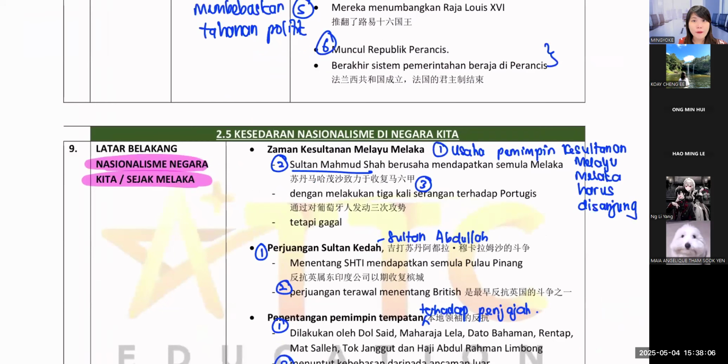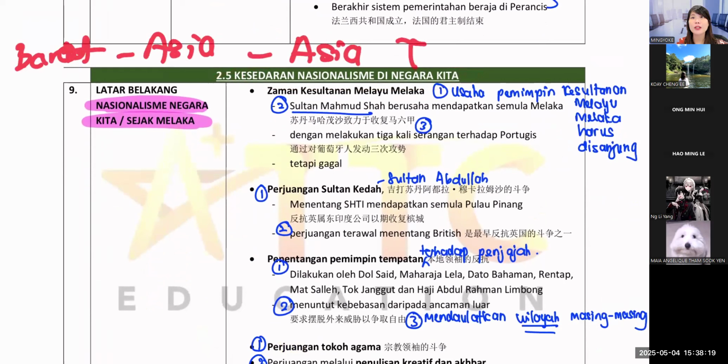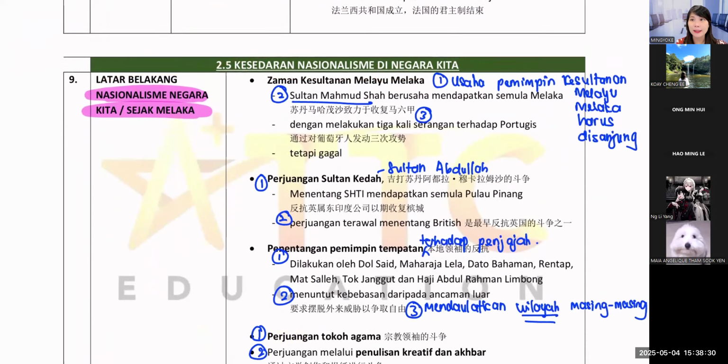But then we go to 2.5, which is talking about finally our country. Nationalism came to our country, guys. So you see from the west, spread to the east, from the east to Southeast Asia, and from Southeast Asia to our country. First of all, nationalism in our country started since Malacca.